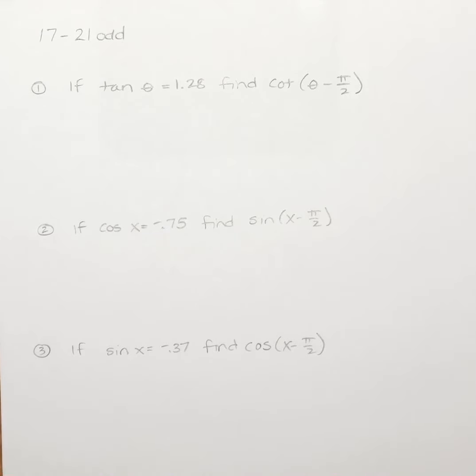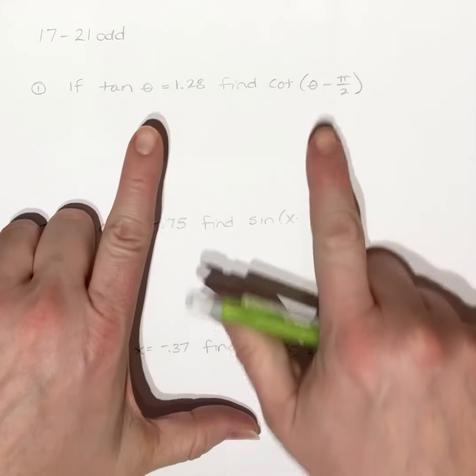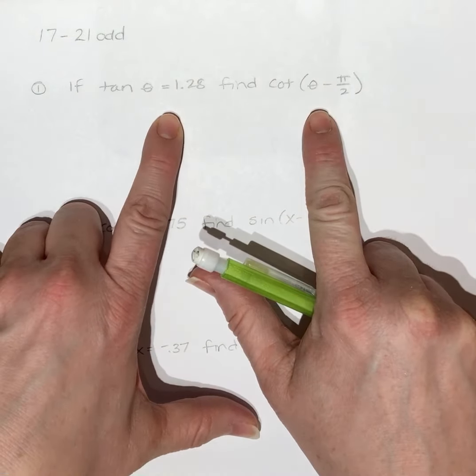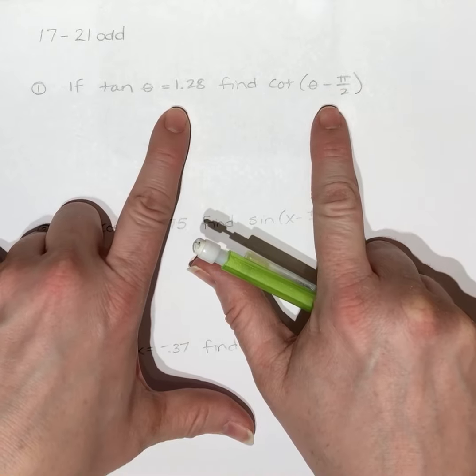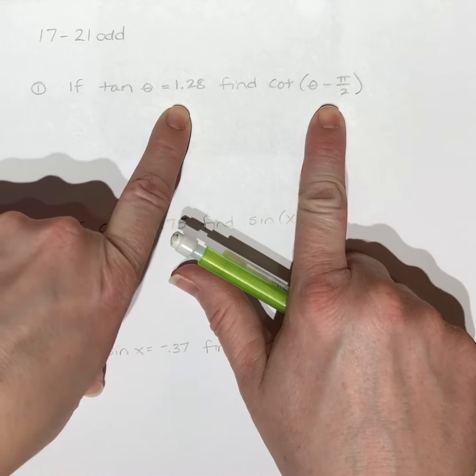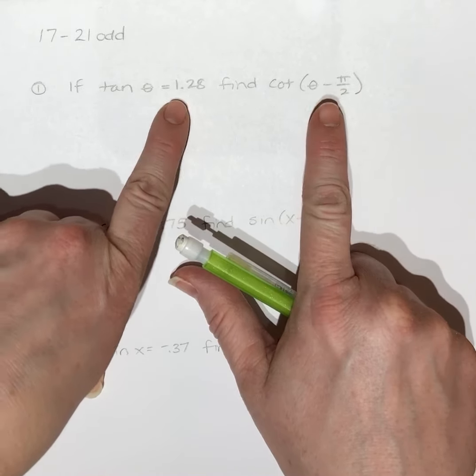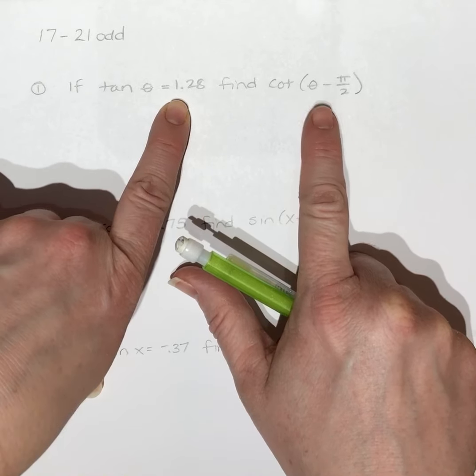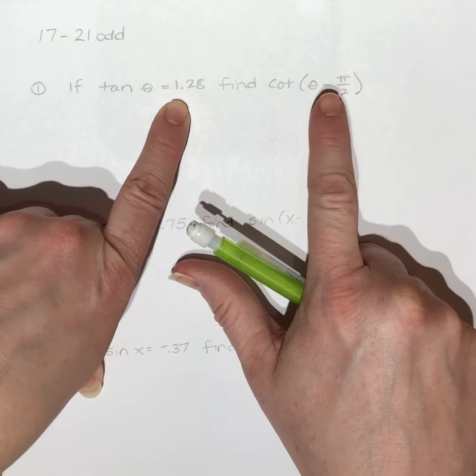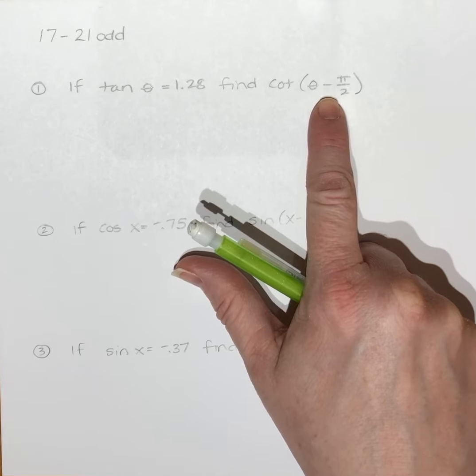All right, and the homework from 17 to 21, these are going to be the ones that use the co-function identities, the fact that these are for complementary angles. Now, what you can do is look at your identity sheet.